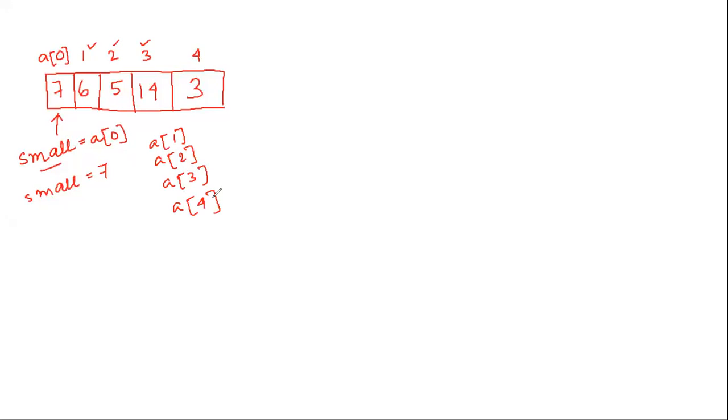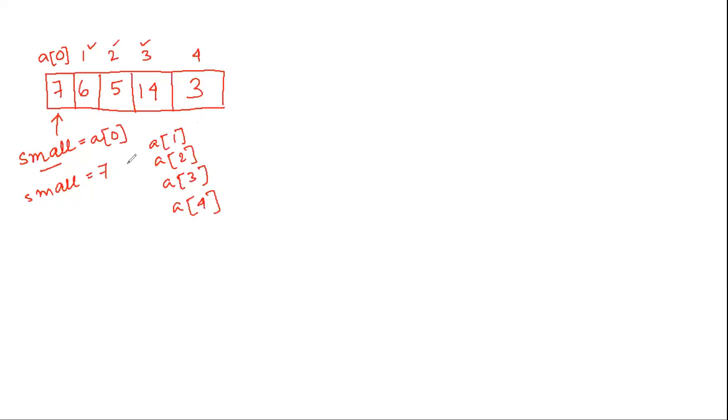In between, if I find in any step an element whose value is lesser than the element from where my small has started, I will update my small. That means I will first compare small, that is 7, with the value of A1. What value is there in A1? 6. So is 7 smaller than 6?